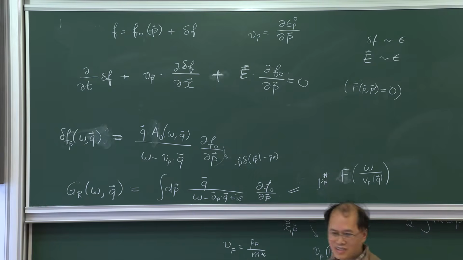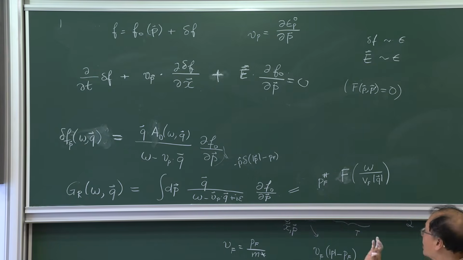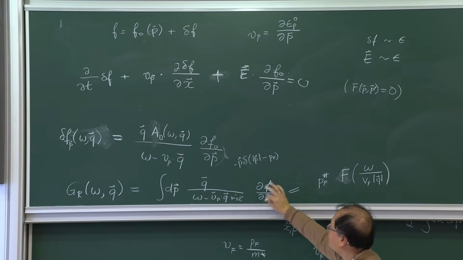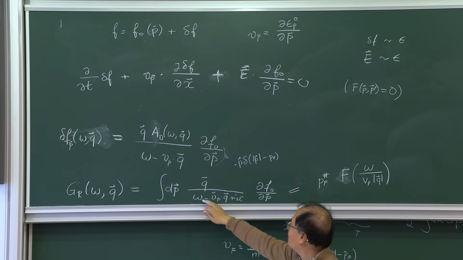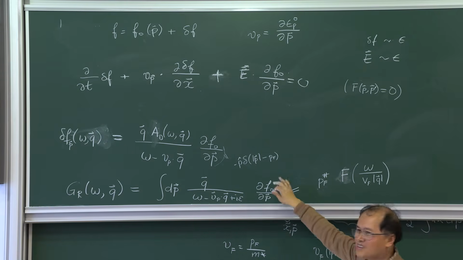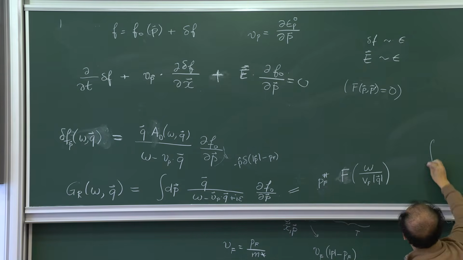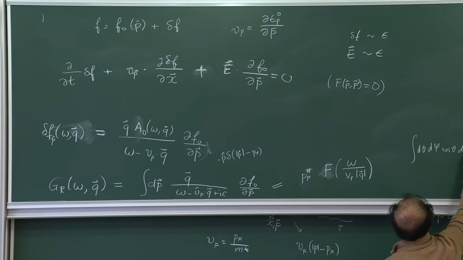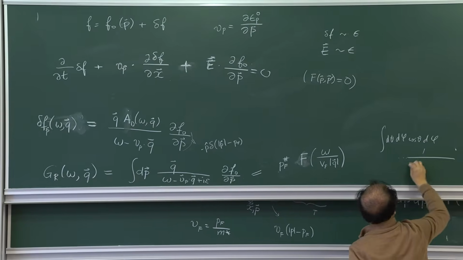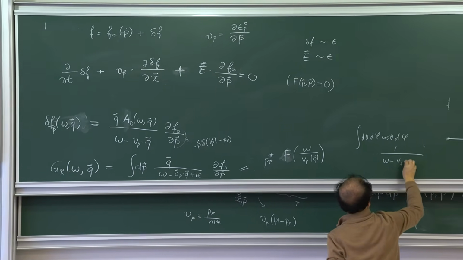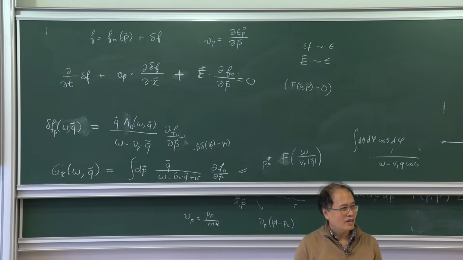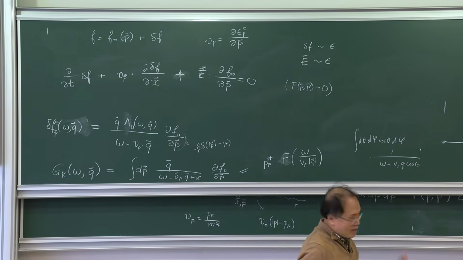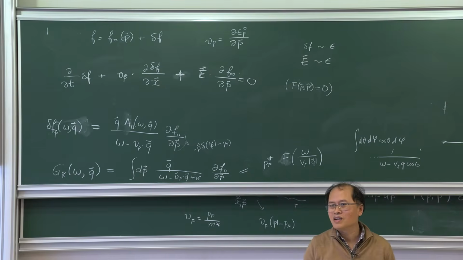It can be thought of as an integral over a sphere of something like the integral over d theta, d phi, cosine theta, cosine phi, and then 1 divided by omega minus vF q cosine theta, which then gives rise to this function. So in 3 dimensions, or 2 dimensions, this integral can be taken.